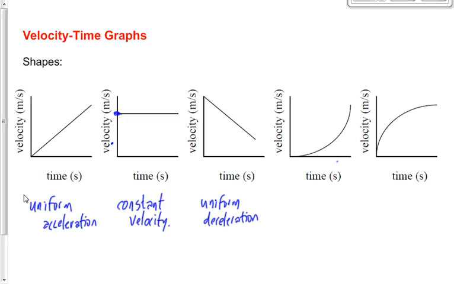Does that make sense? Put your foot on the gas a little bit, you speed up at, 5 meters per second squared, let's say. Put it down further, and it's 10 meters per second squared. So not only is your velocity increasing, the rate at which your velocity is increasing increases. So we're going to say that this is an increasing acceleration versus a uniform acceleration or constant value.